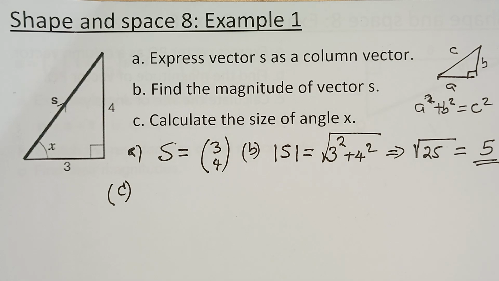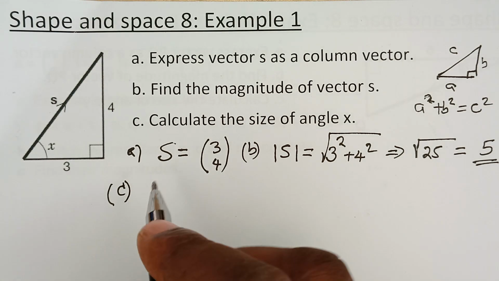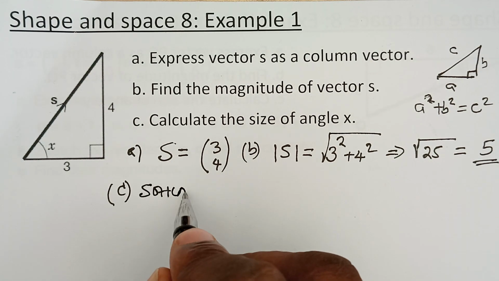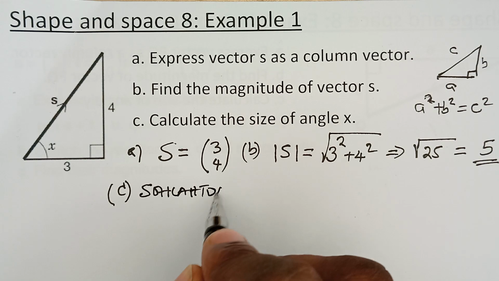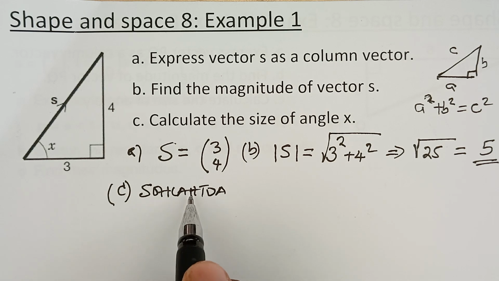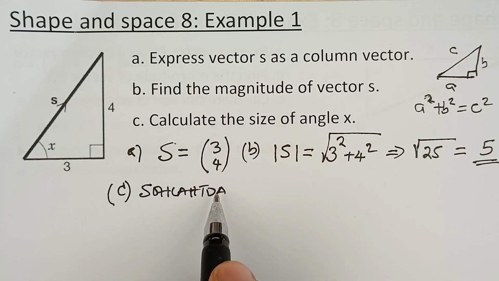This is where now we can use basic trigonometry, because we all know about SOHCAHTOA, whereby sine is opposite over hypotenuse, the cosine of an angle is adjacent over hypotenuse, and the tangent is opposite over adjacent.